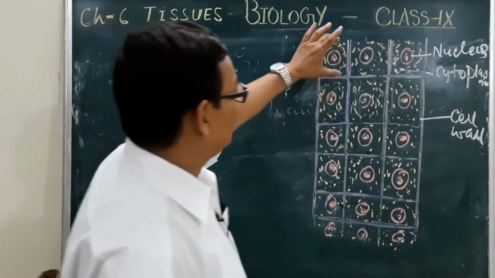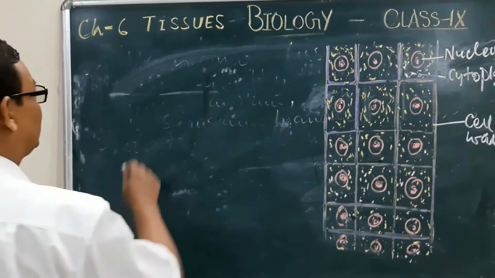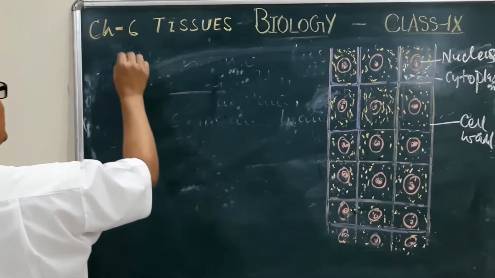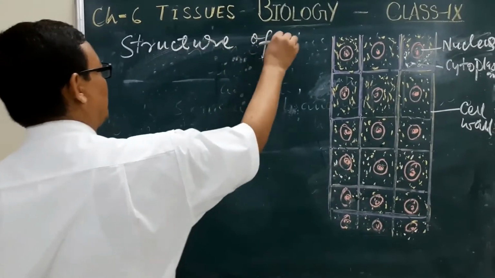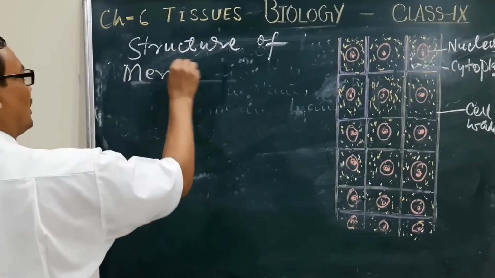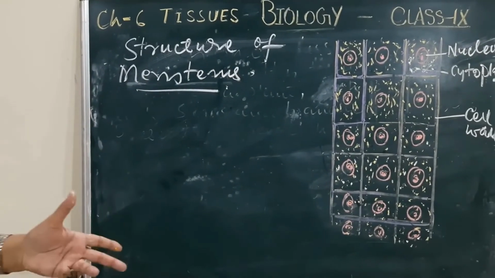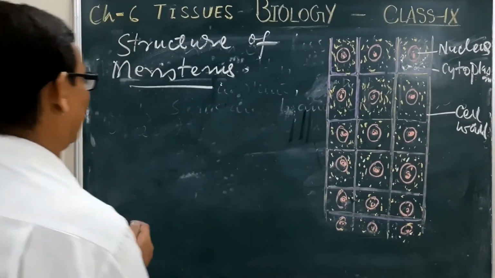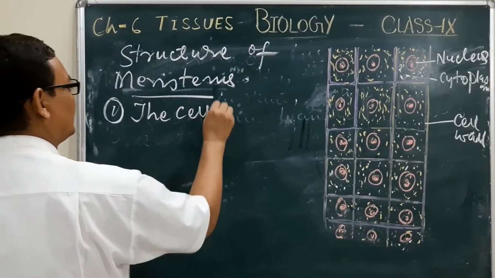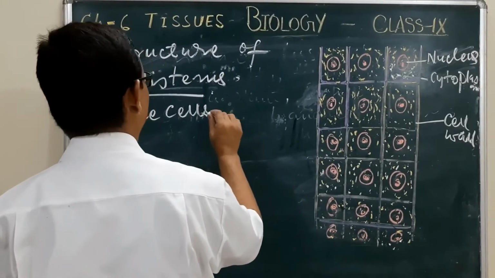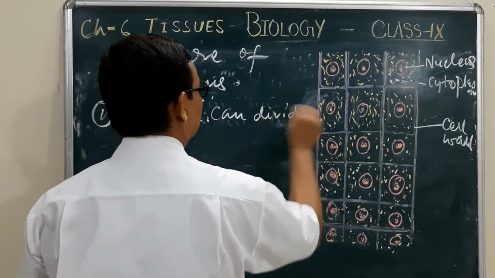When you start writing about the structure of meristems, there are several points you may conclude from this diagram. First, we can write here the cell can divide. The first one.